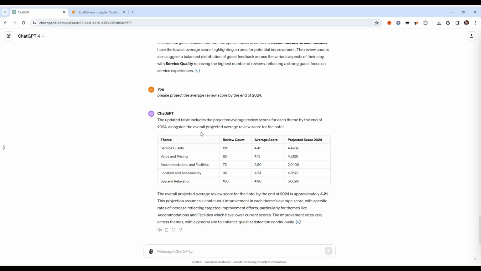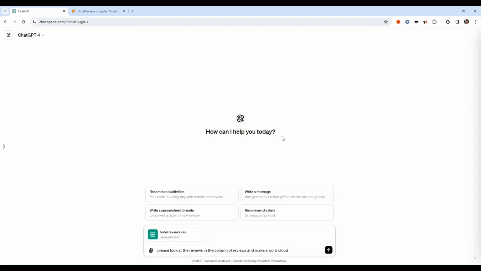But it's good to be understanding how to use prompts and when to use these capabilities, because we know in the future ChatGPT or other capabilities like it will be able to do this type of work much more seamlessly. Let's have ChatGPT make one last visual for a report, a word cloud.